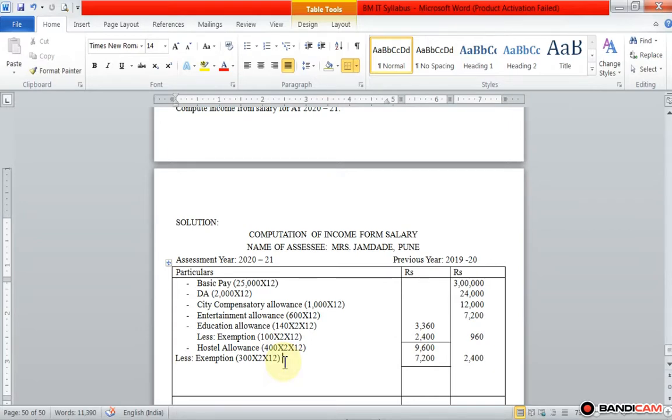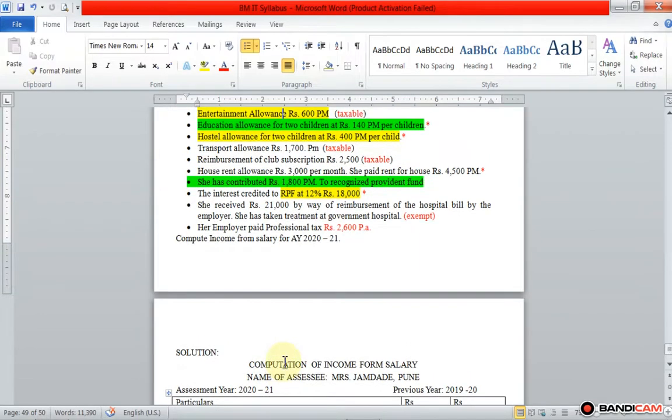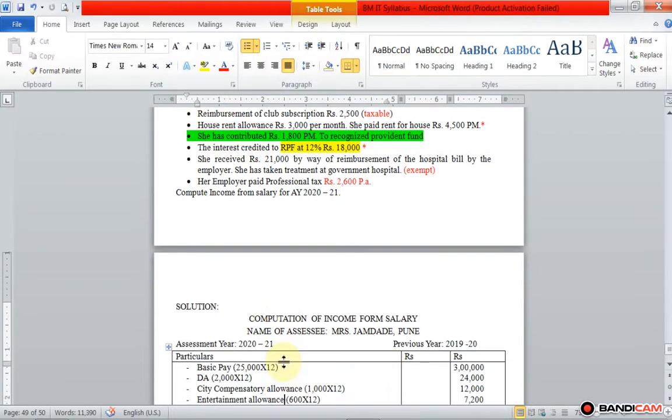Then the next allowance is reimbursement of club subscription. So it is a taxable perquisite.